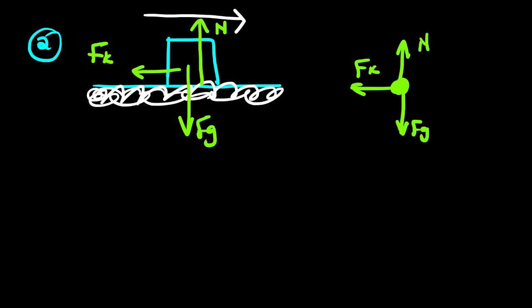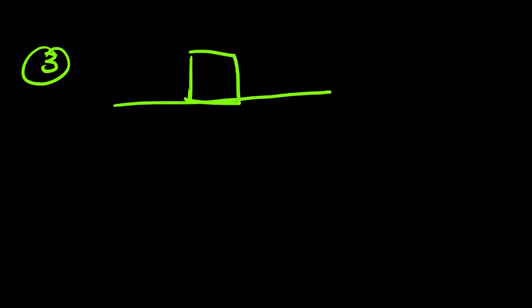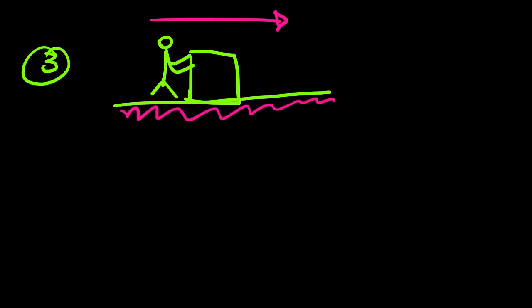Let us look at another scenario. Suppose we have a scenario whereby an object is pulled or pushed, but let's say this object is pushed in this direction and is moving in this direction. The surface is rough.